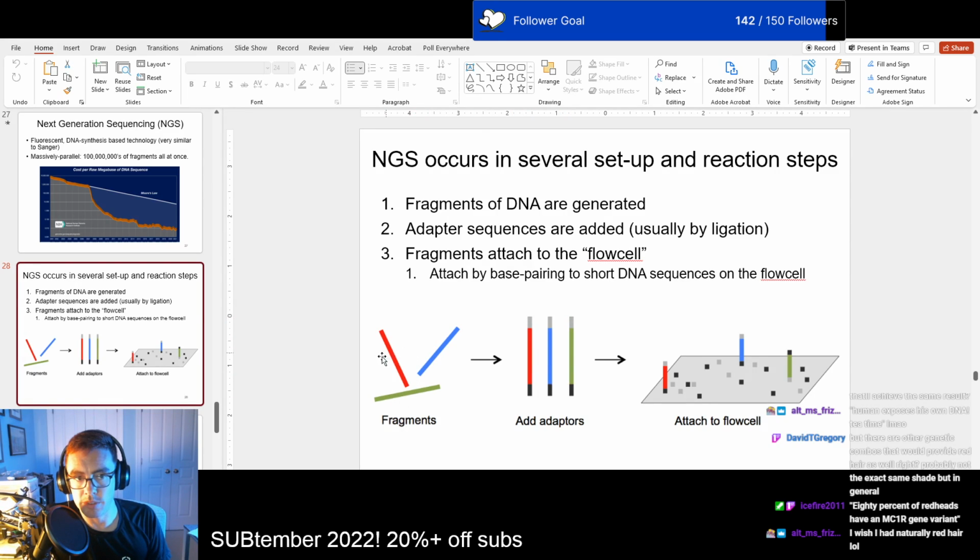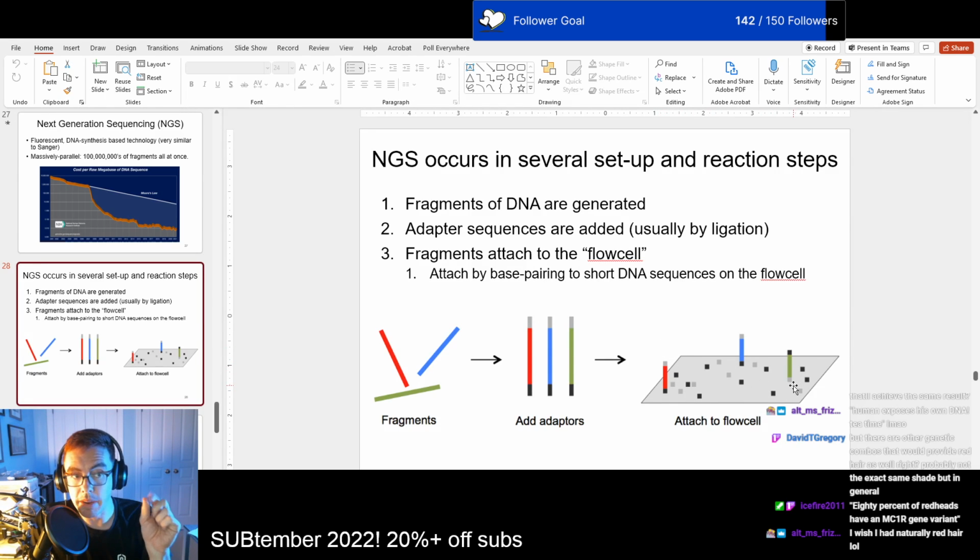So the unknowns are these red, green, blue. The known, though, are these light gray and black. So we know those sequences. You attach it to a flow cell, which is effectively a special little cassette, a glass slide with more of these little bits of DNA chemically bonded to them.